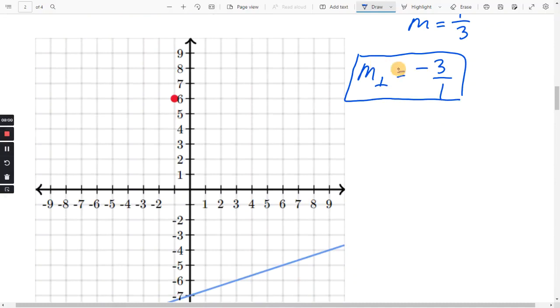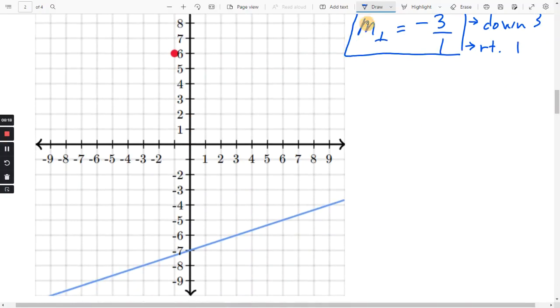Alright, so this slope translates as down 3 and also right 1. Okay, so we're going to apply that and go from the dot to the line. Alright, so let's see.